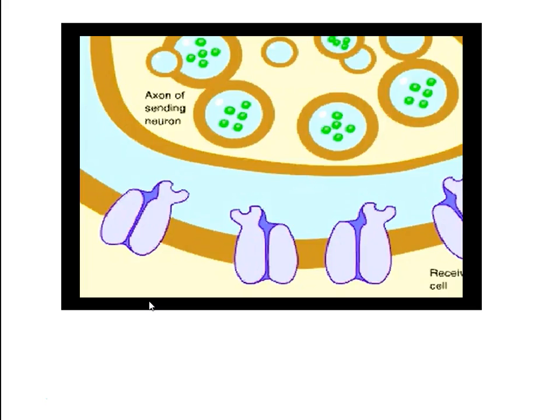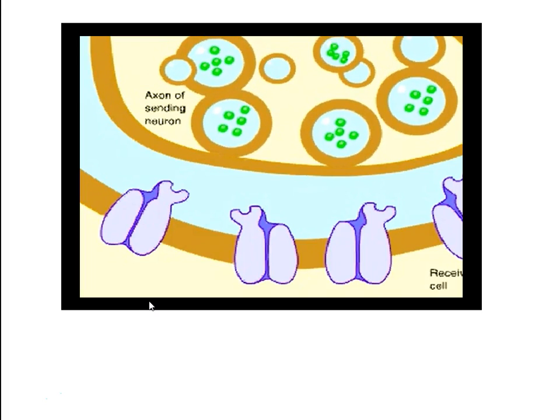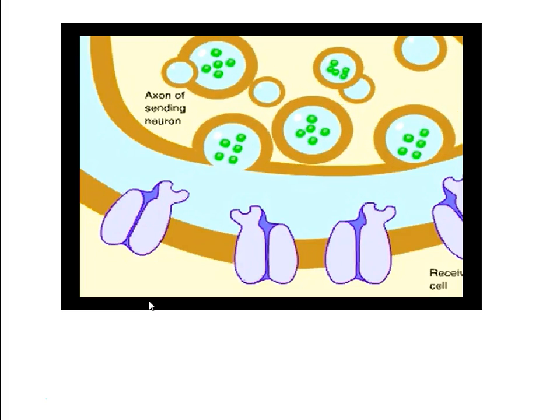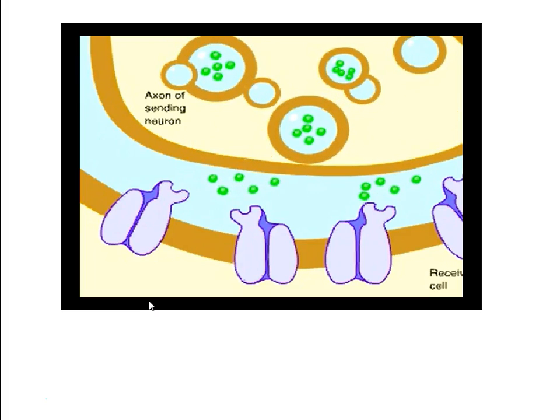There is a narrow gap, the synaptic cleft, between the synaptic terminal of a sending neuron and the surface of a receiving cell. An action potential arrives at the end of the axon of the sending cell. This causes chemical changes that make vesicles containing a chemical called a neurotransmitter fuse with the plasma membrane. The neurotransmitter molecules spill out into the synaptic cleft, diffuse across, and bind to the receptors on the receiving cell's membrane. The binding of neurotransmitters to receptors causes the attached ion channels to open.